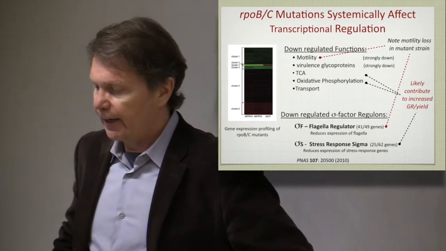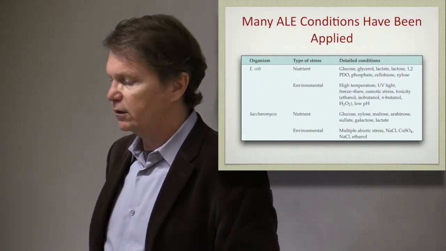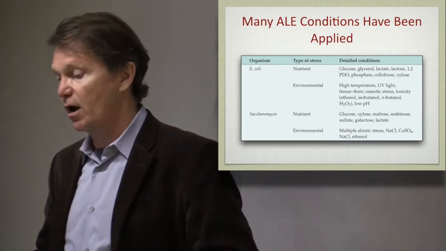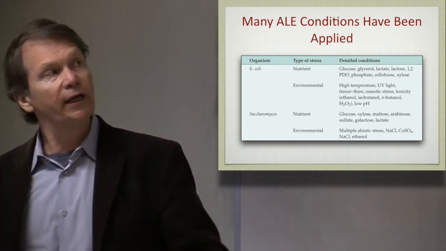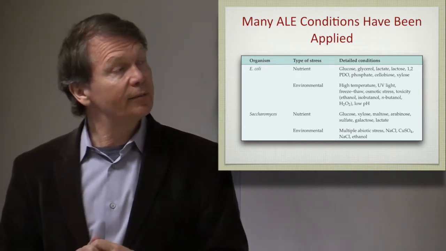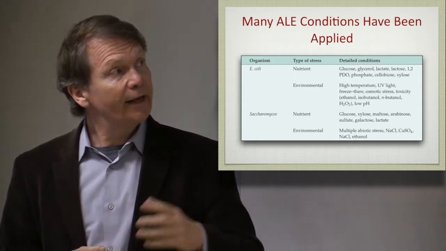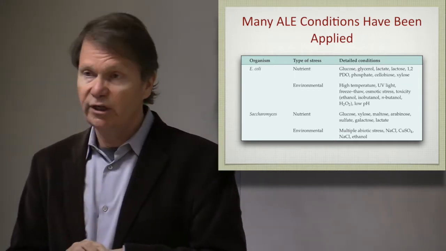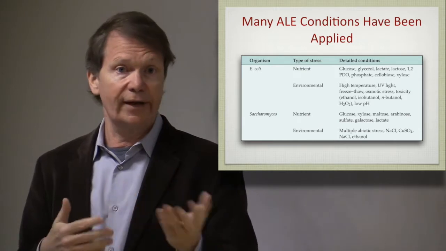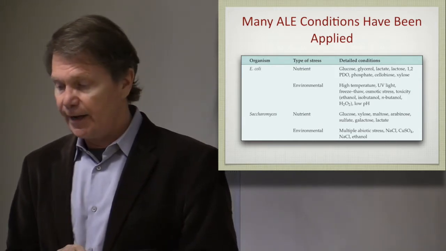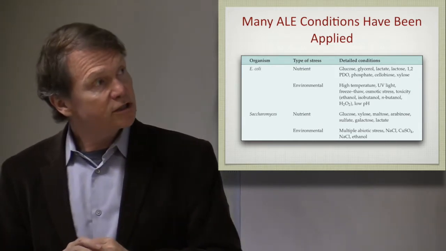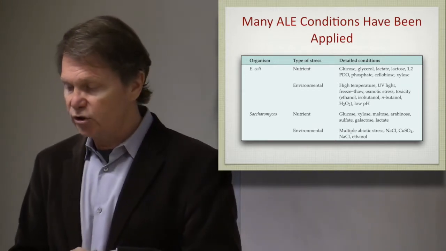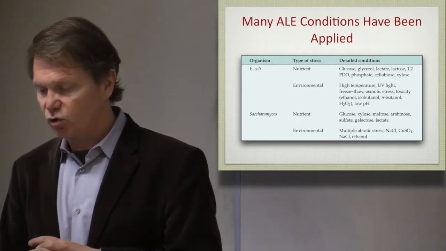Okay, so to date, there are dozens, I don't know, maybe 100 now, papers published on adaptive laboratory evolution. We showed some examples of changing environmental parameters here, the nutrition, lactate, glycerol, those have been done. But there have been a lot of other stresses put on cells, temperature adaptation, UV light, and so forth.